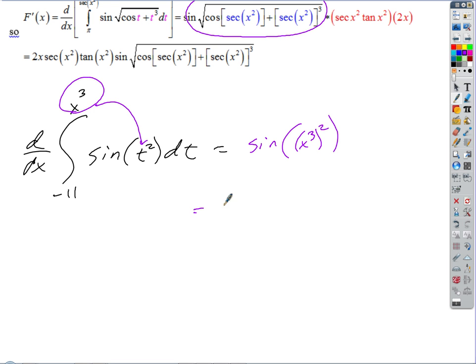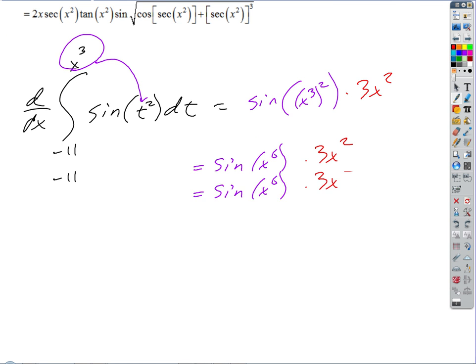So that part's just sine of x to the 6 times the derivative of x cubed, which is 3x squared. So then our answer just looks like 3x squared sine x to the 6. Done. That's it.